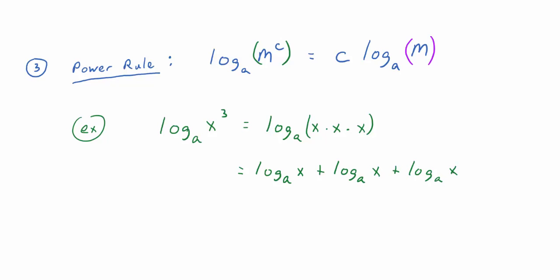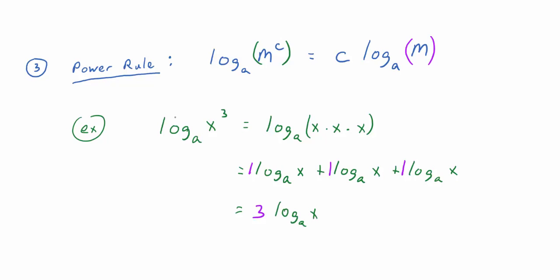So I'm applying the product rule two different times there. Oh, but then these are all like terms. You can think of this as 1 times log base a of x, this guy is 1 times log base a of x, this guy is 1 times log base a of x. So you're adding 3 of those together. How many do you have? 3 of them. So that's going to be equal to 3 times log base a of x.